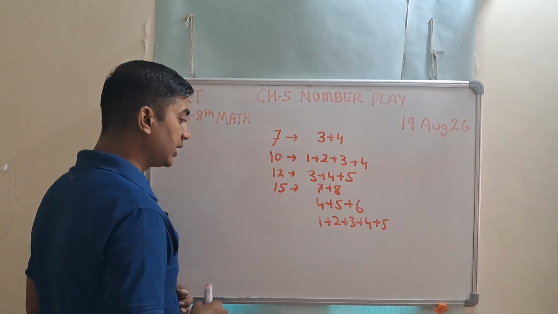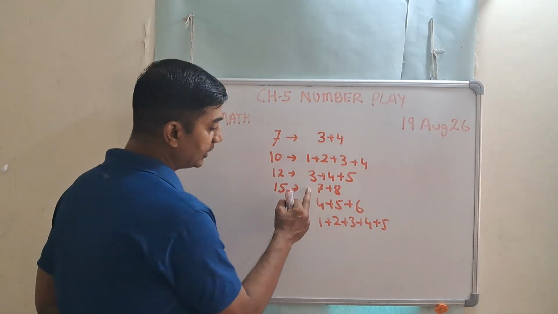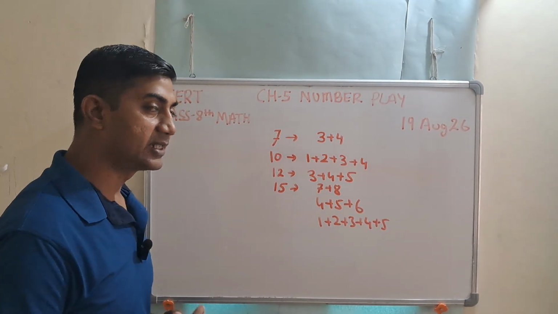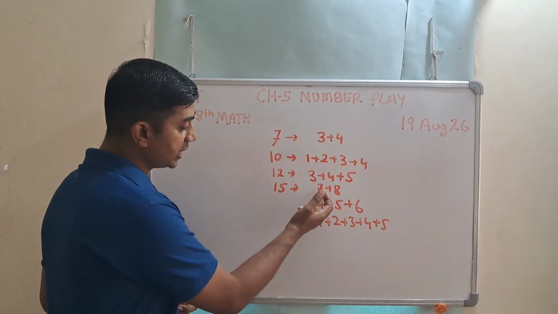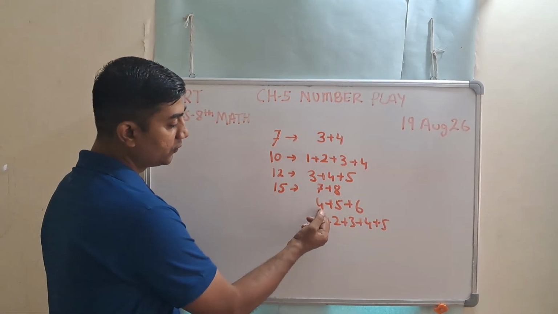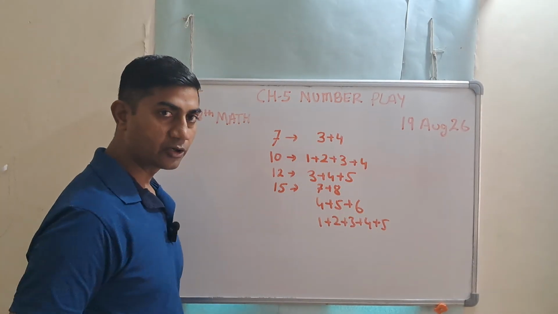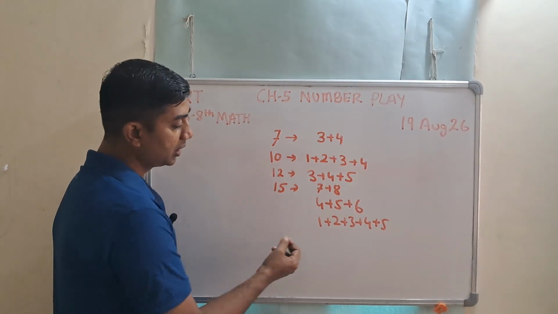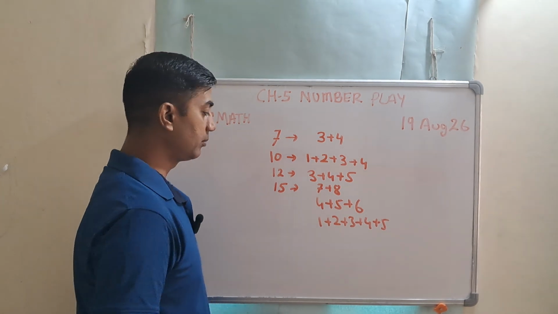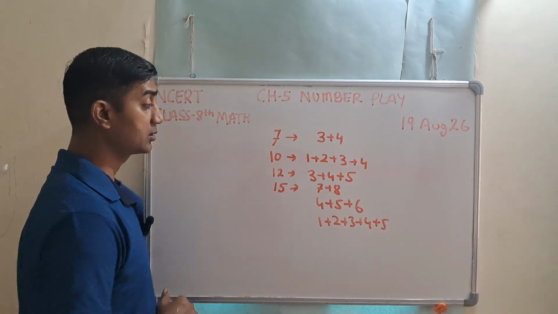And in the case of 15, we have seen that we have three options. 7 plus 8 are consecutive and the sum is 15, and 4 plus 5 plus 6 are consecutive and the sum is 15, and 1 plus 2 plus 3 plus 4 plus 5 are consecutive numbers and the sum is 15. Understood?